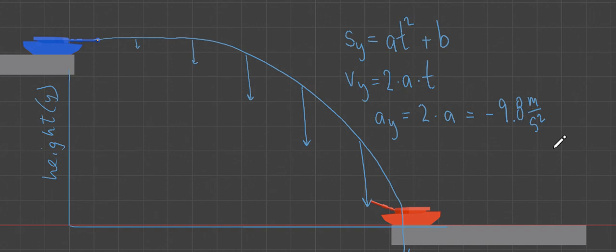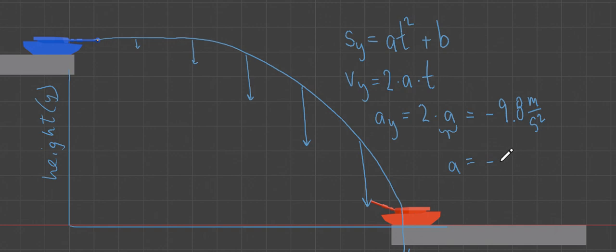And so now that we know acceleration is 2 times a, which equals negative 9.8, we can solve for this unknown constant a by just dividing both sides by 2.